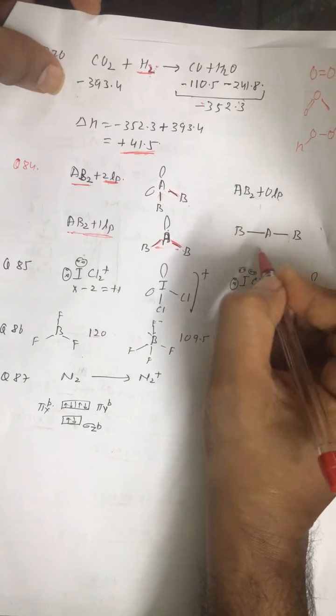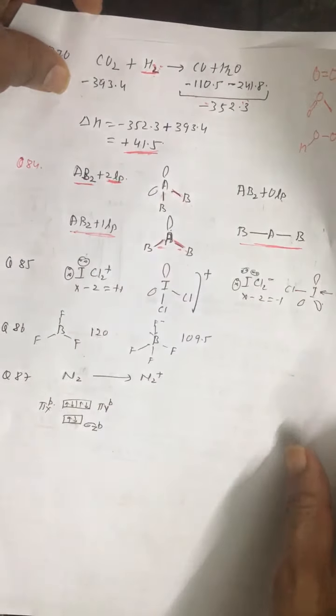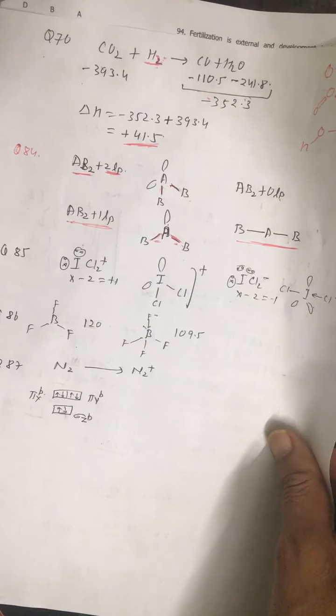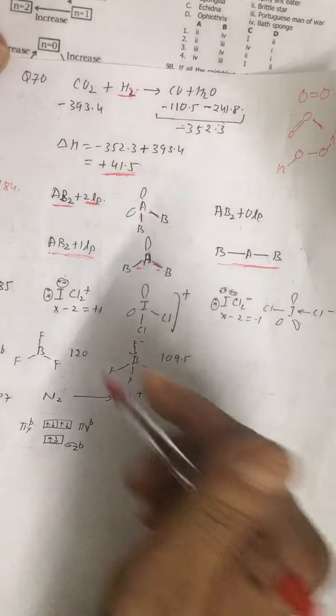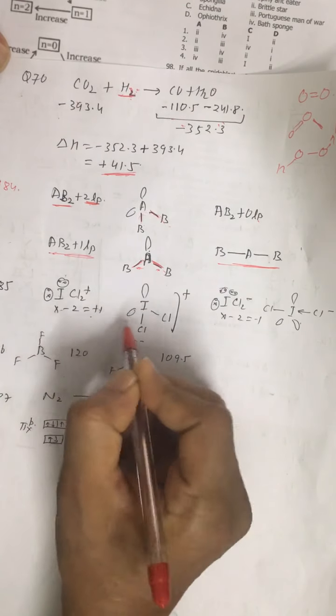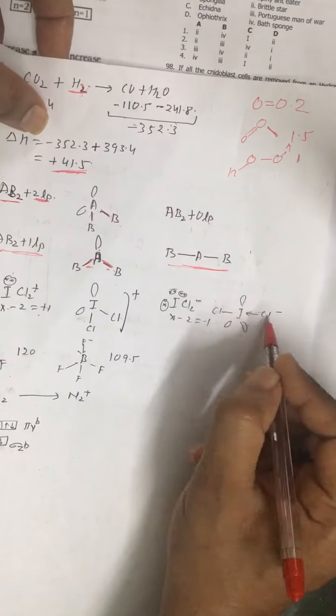And with no LP, it should be AB2, which is linear. On the basis of this, you can give the answer. Question number 85: ICl2 positive is bent shape and ICl2 negative is linear.